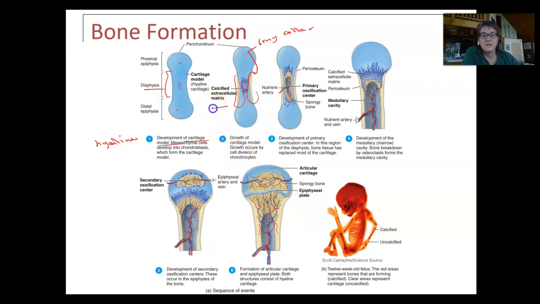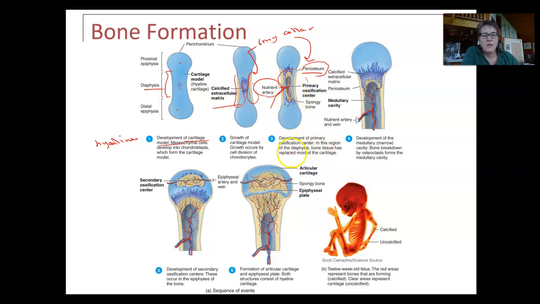growing and kind of dying. Okay, so based on the blood supply coming in, this nutrient artery is converting the diaphysis, is where I'm focusing on, right? The diaphysis gets its action first. I'm starting to get the formation of a periosteum from that bony collar, will ultimately become the periosteum.